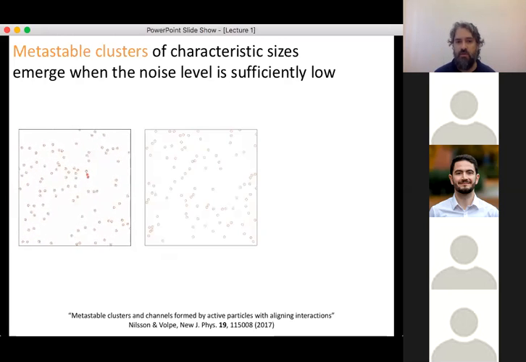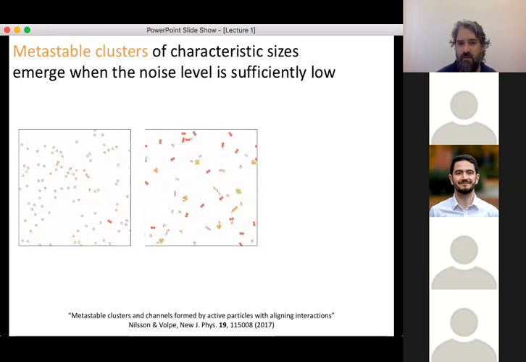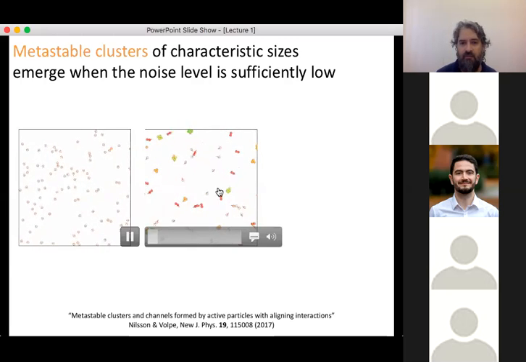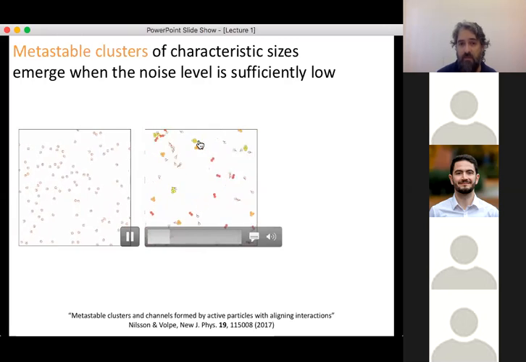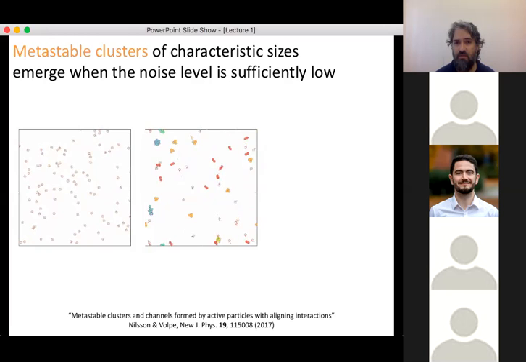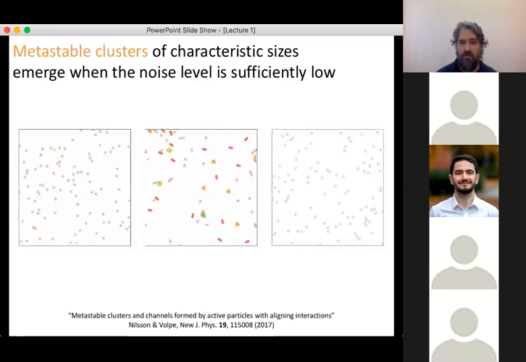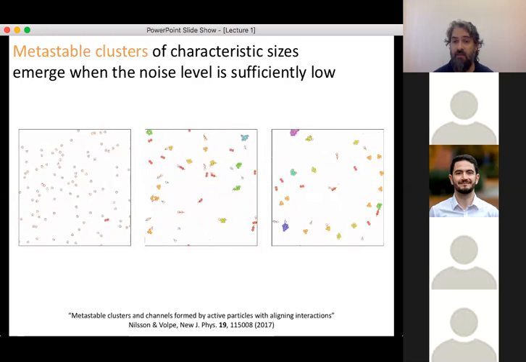Let's see if we reduce the amount of noise in the system. Then it starts becoming more interesting, because you see that now the particles can form small clusters of two particles, or they can swim, or they form trimers that are pretty stable in this case because there is not too much rotational Brownian motion. And if you reduce even further the amount of rotational noise, then you see that the clusters become even bigger.